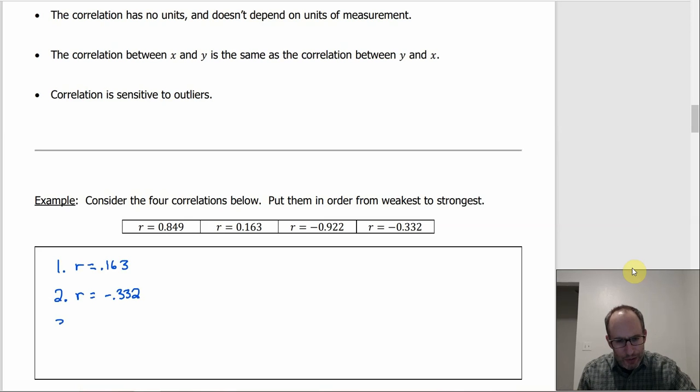Then the next farthest away after that is the positive 0.849. And then the strongest is the negative 0.922. So there's the weakest, and then down at the bottom, there's the strongest.